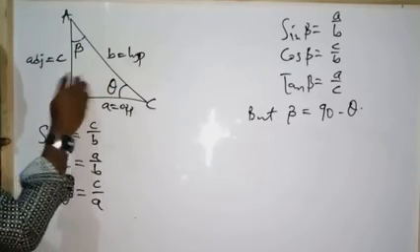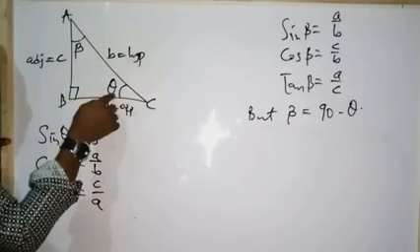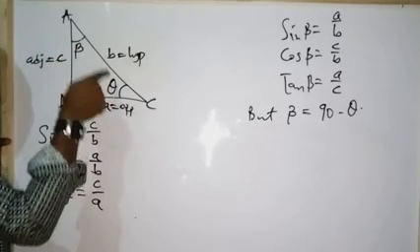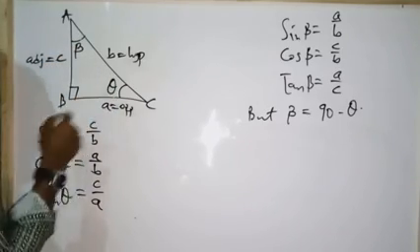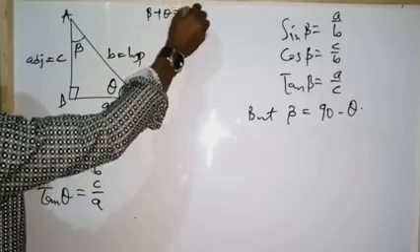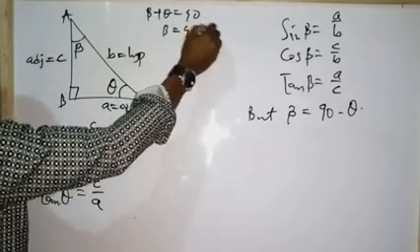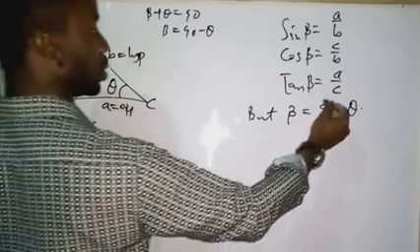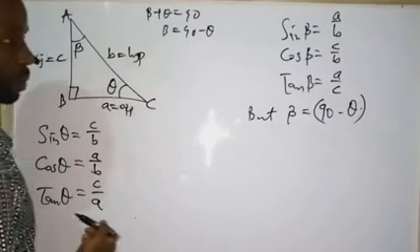So this 90, it means this plus this is 90. So what do you think this will be? That will be 90 minus whatever this is. Beta plus theta equals 90. Beta equals 90 minus theta. That's what I'm saying. So I can decide to replace beta with this.